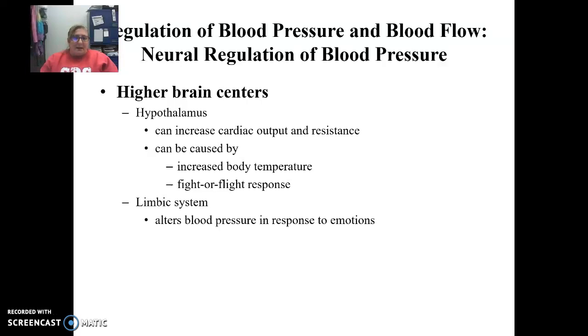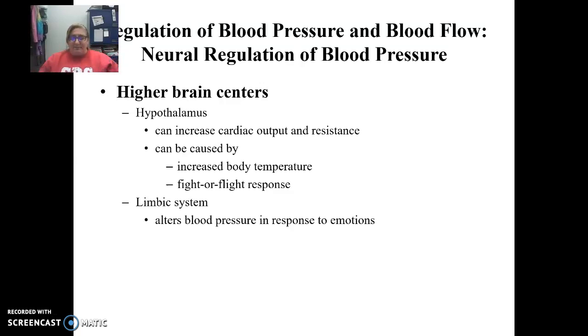So when you're by someone that you find attractive and your heart starts to beat faster because you're excited, this actually moves us into that sympathetic system again. That's a sympathetic response to an individual.